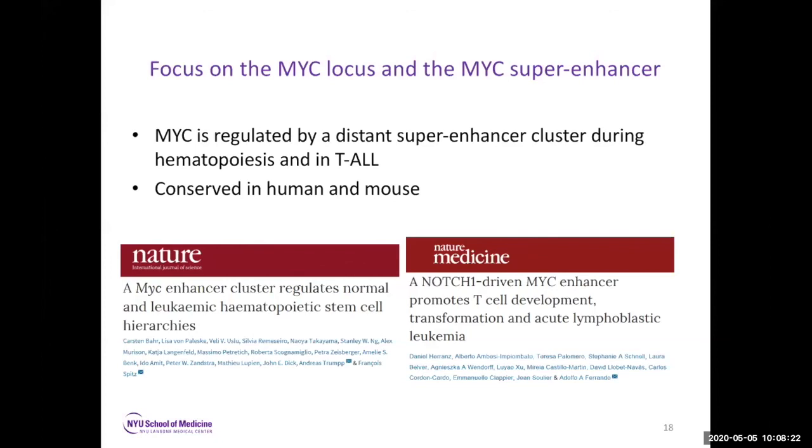And also in T-cell leukemia, this enhancer is basically driven by Notch binding, and if you abolish Notch binding, you basically lose the activity of this particular enhancer.